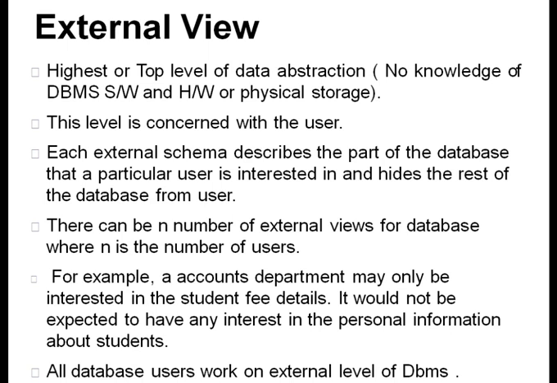There can be n number of external views for the same database, right? For example, the account department may be only interested in the student fee details. It would not be expected to have any interest in the personal information about the student. So only the abstract view of fee details is shown to the account department, and the rest of the student data is hidden from that department.